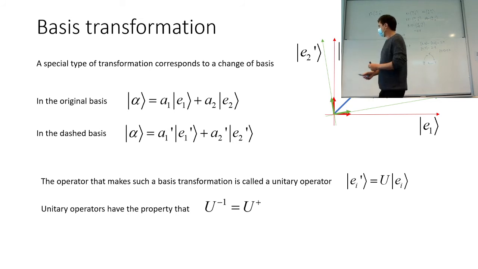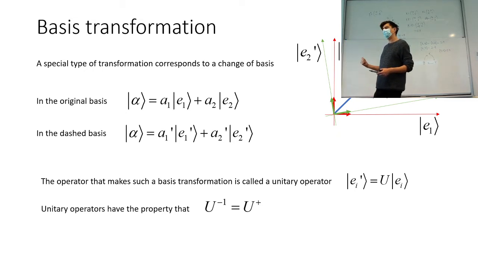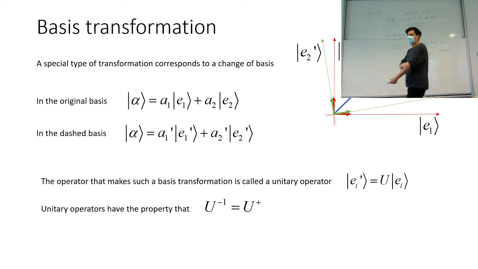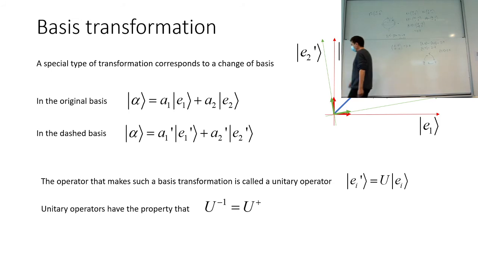So these are another special class of operators, and they have the special property that U dagger is actually equal to the inverse of U. So maybe have you done this? Unitary operators? Maybe not. So they have this special property that the Hermitian conjugate is actually equal to the inverse.